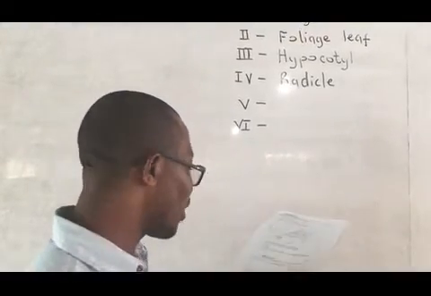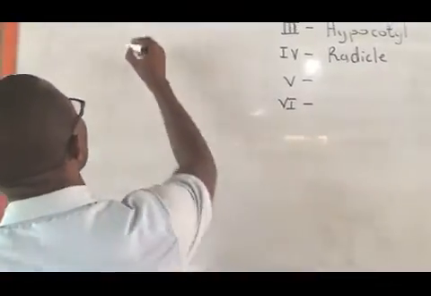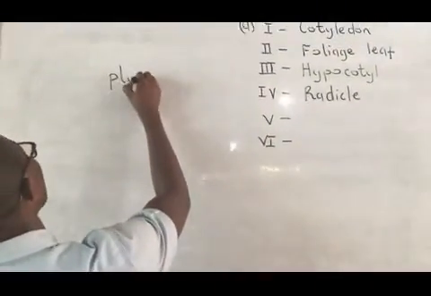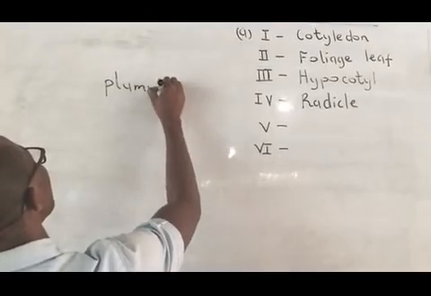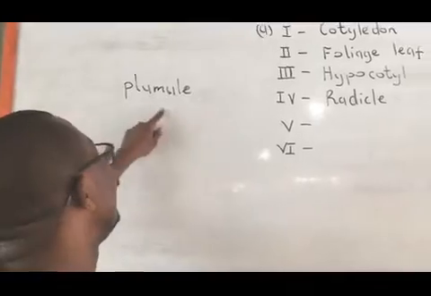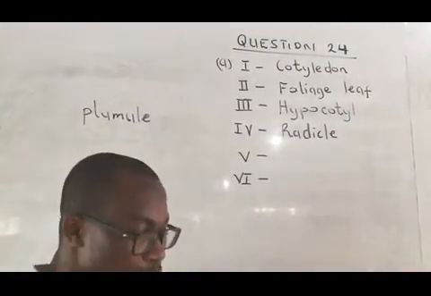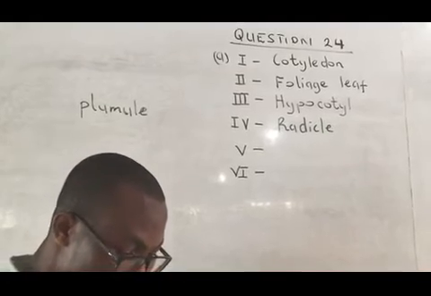And then the portion that grows and develops into the shoot system is what we call plumule. So you have the radicle and the plumule. The plumule develops into the shoot system, and the radicle develops into the root system.